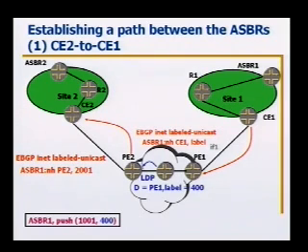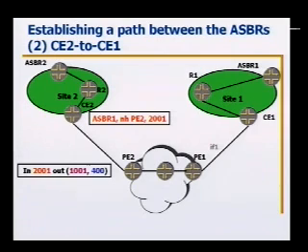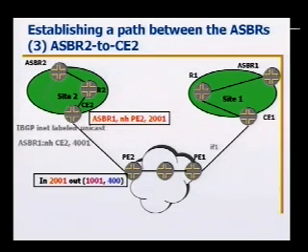As a result of it, we end up with the following forwarding entries and with the label switch path between the two CEs. Now let's see how we manage to stitch this to the MPLS in Site 2.